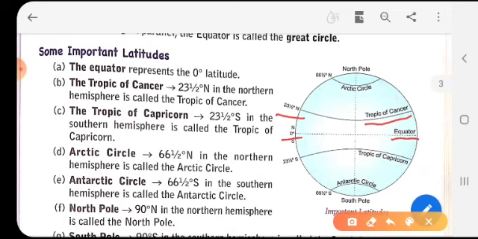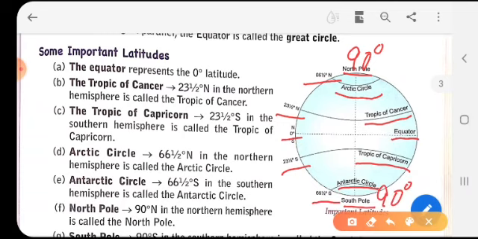Then the Tropic of Capricorn, south of the equator, is also at a distance of 23.5 degrees south. Then we have the Arctic Circle at 66.5 degrees north, and the Antarctic Circle at 66.5 degrees south. Then we have the North Pole at 90 degrees north and the South Pole also at 90 degrees south.